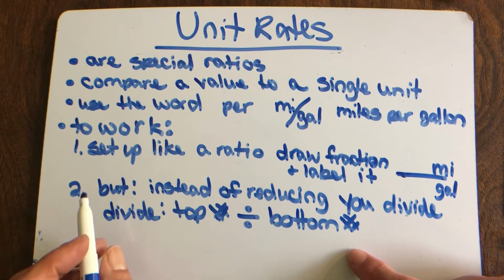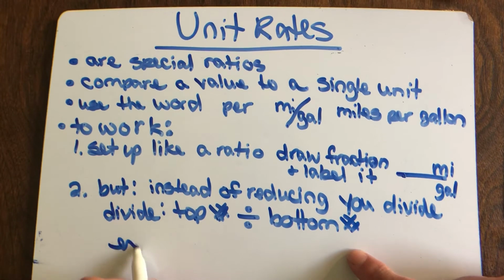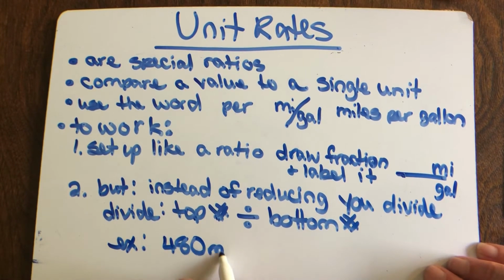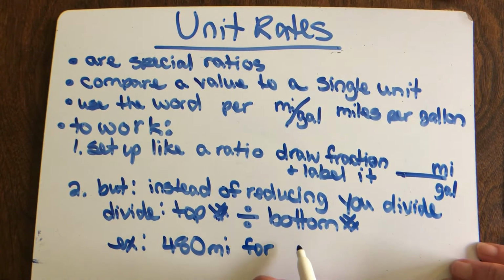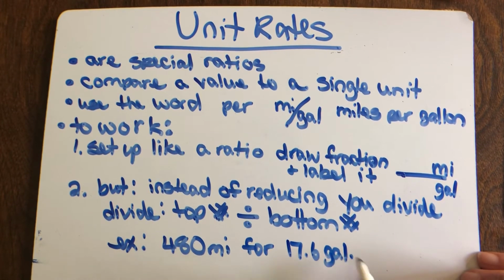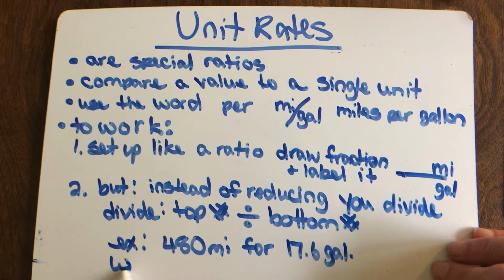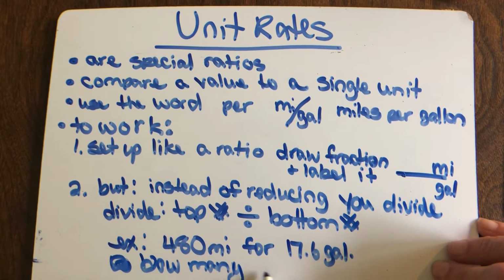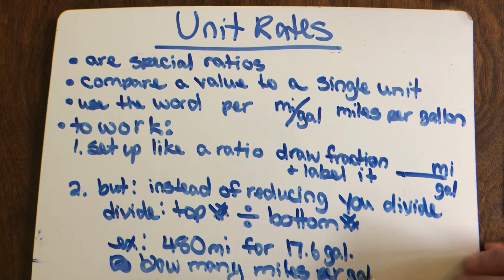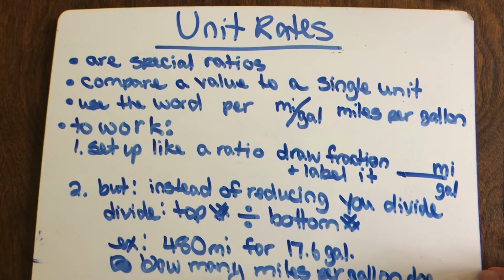So for my example that I just worked with my car, okay? So I said I could drive my car 480 miles for 17.6 gallons of gas. All right? But I want to know how many miles per gallon does it get?